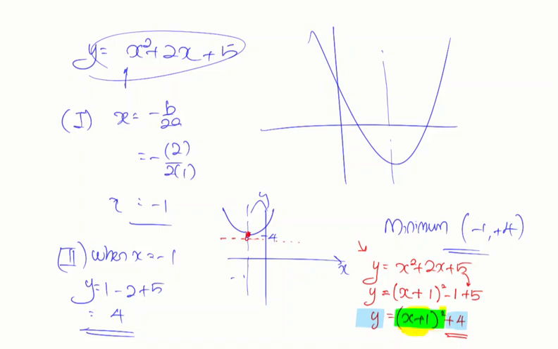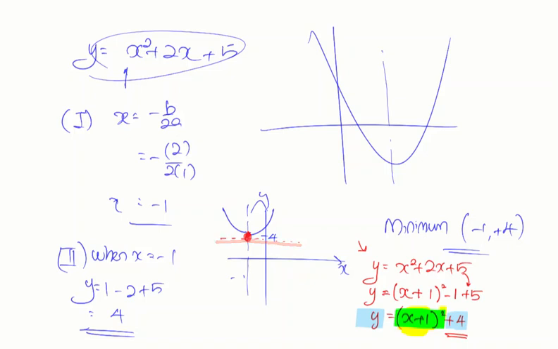the smallest possible value is 0. (x plus 1) squared, the minimum value is 0. So y equals this number plus 4. This number can be anything more than 0. So y equals 0 plus 4. y minimum will be 4.